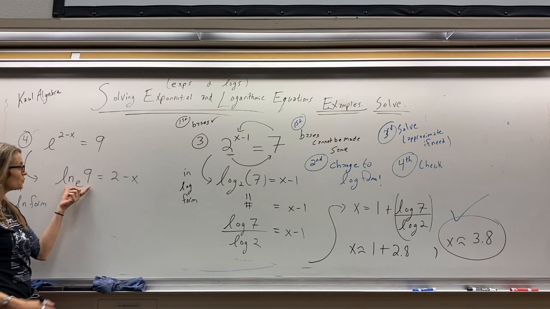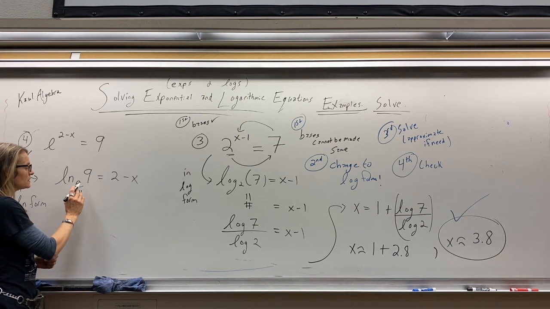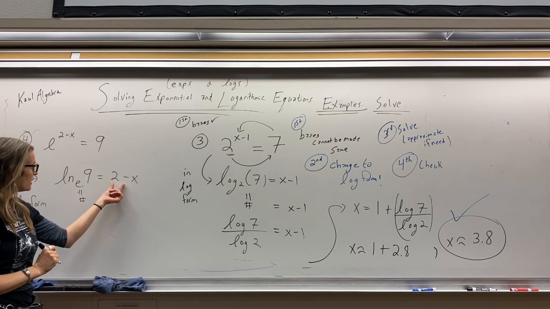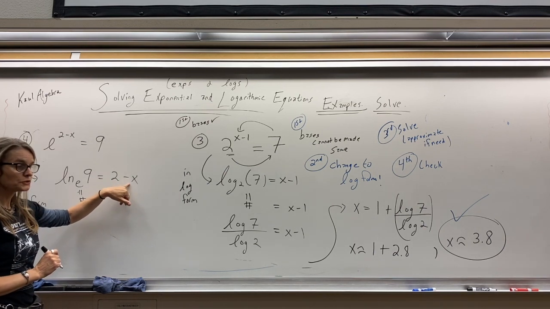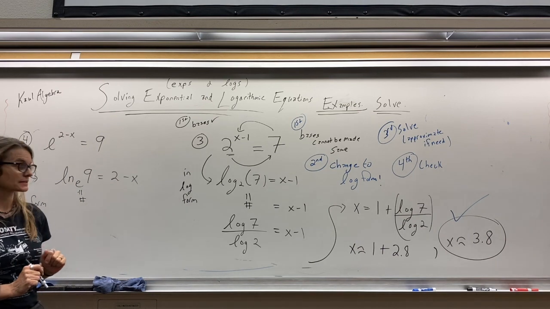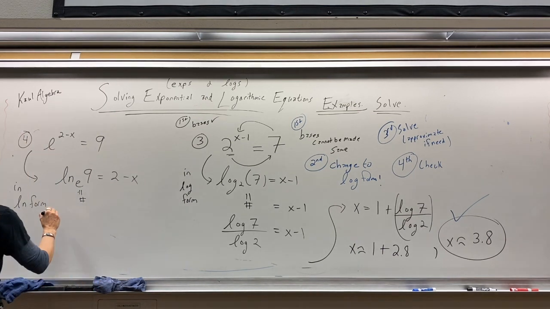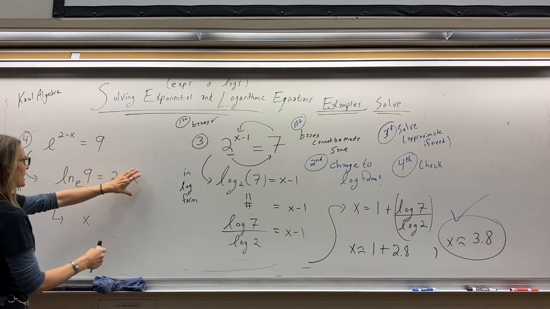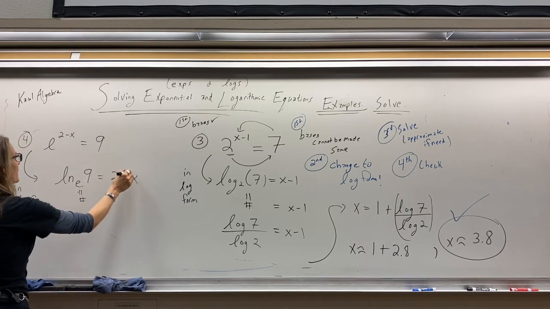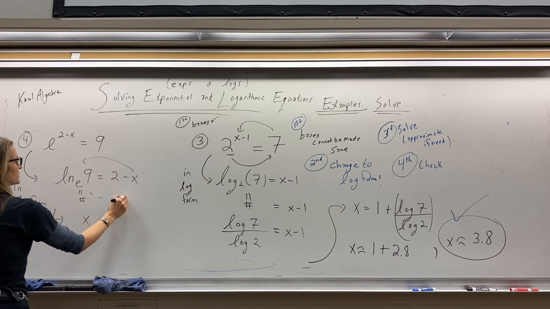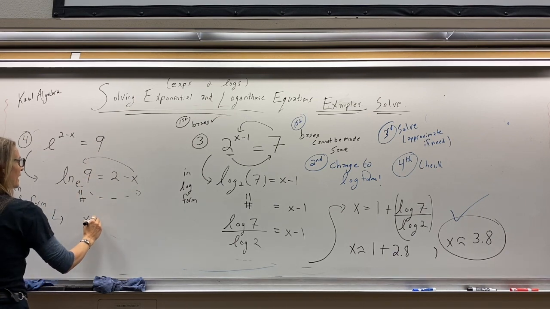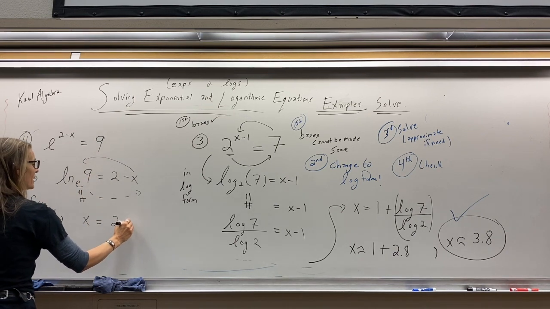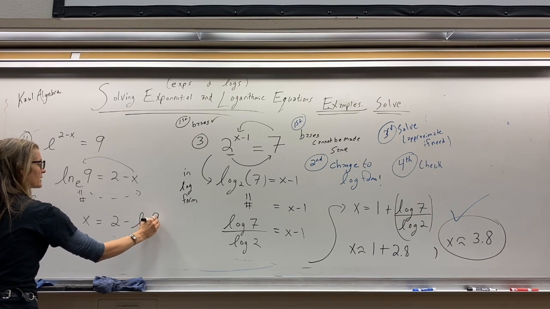Now the question is, what is this number equal to? This is equal to some number. And then I would subtract 2 and multiply by a negative to get what the x is. So if I rewrite this, I'm going to switch places with this number and this x. So x will equal 2 minus whatever the ln of 9 is.